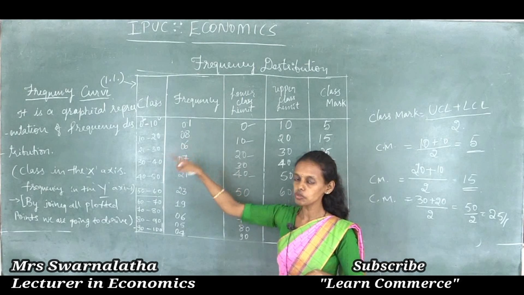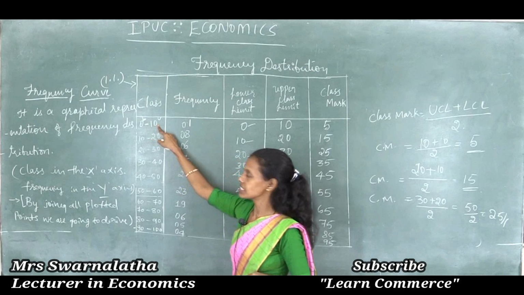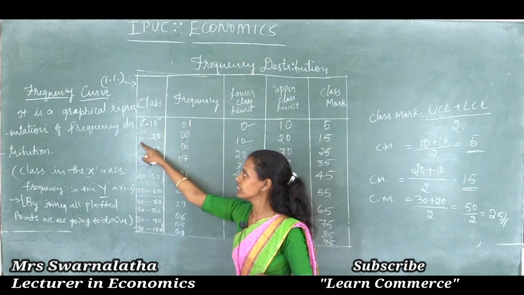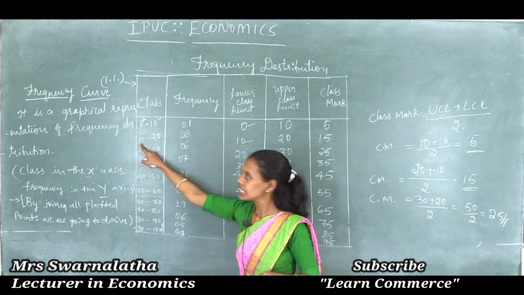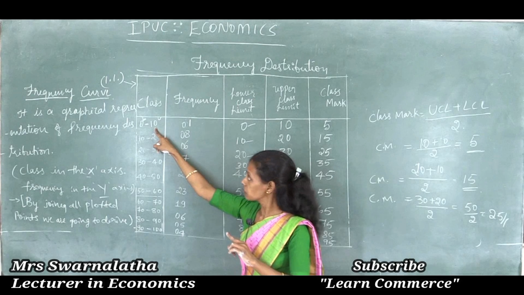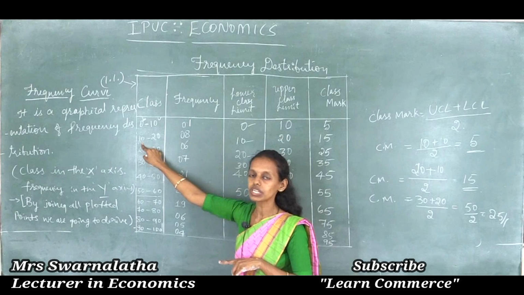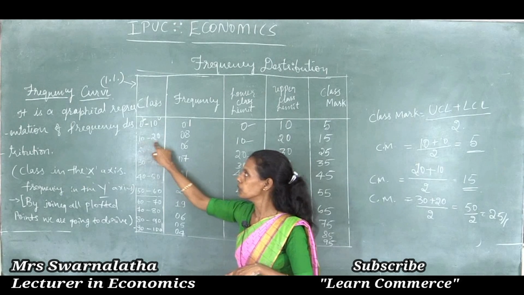In the exclusive method, see here, 0 to 10 is the class interval. The upper class limit is added in the next class interval as its lower class limit. In 0 to 10, 10 is the upper class limit, so we add this upper class limit 10 to the lower class limit of the second class, that is 10 to 20.